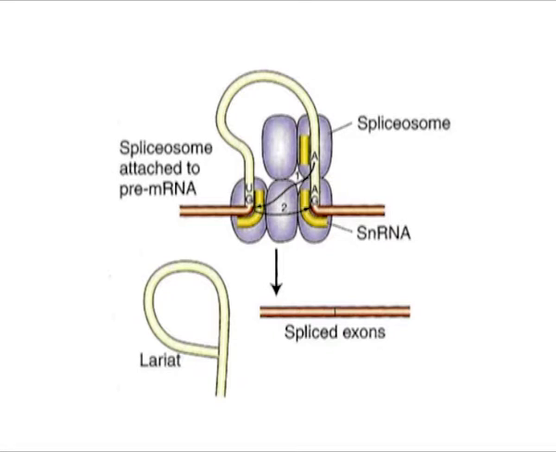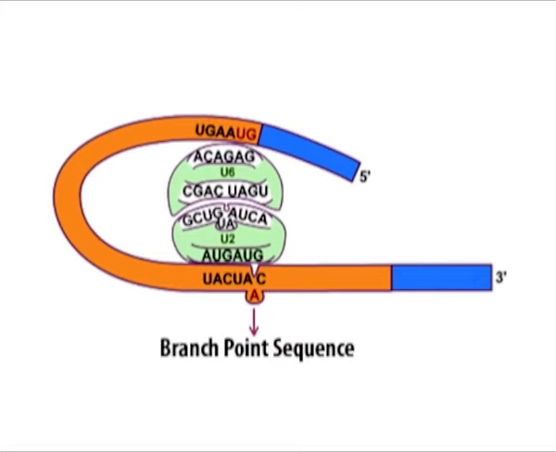A pre-assembled tri-snRNP consisting of U4, U6 and U5 snRNP is then incorporated into the complex, bringing the 3 splice sites together to yield the complete spliceosome. In the next step, U1 leaves the complex, replaced by U6 at the 5' splice site.